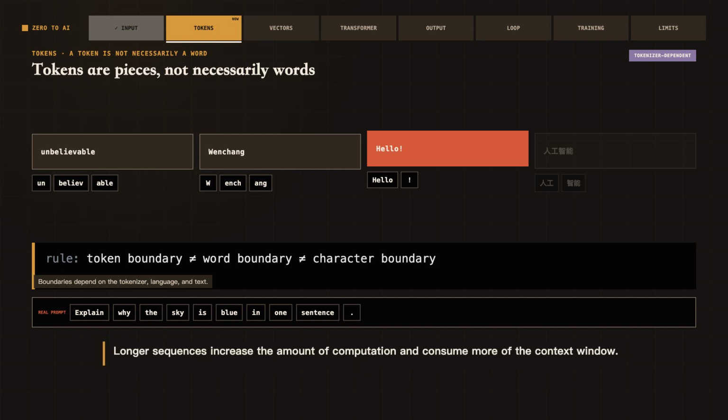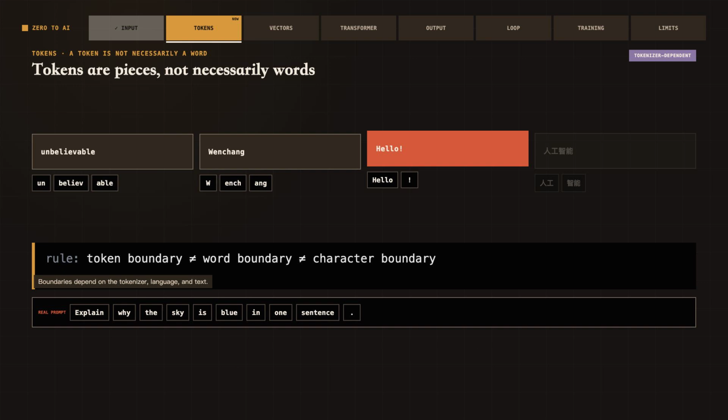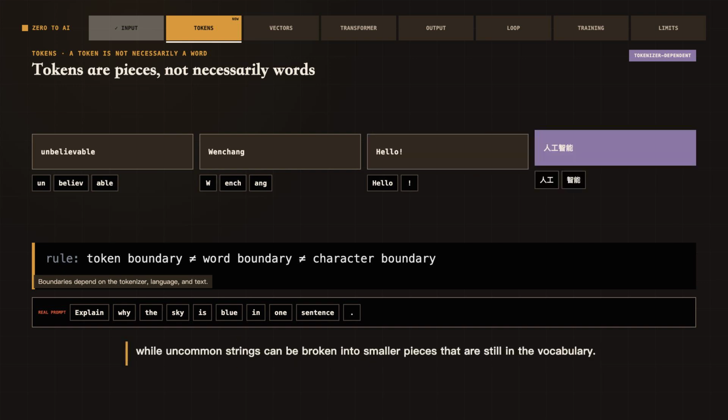Longer sequences increase the amount of computation and consume more of the context window. Subword tokenization is a compromise. Frequent patterns can receive compact tokens, while uncommon strings can be broken into smaller pieces that are still in the vocabulary. There is no single tokenizer used by every LLM.